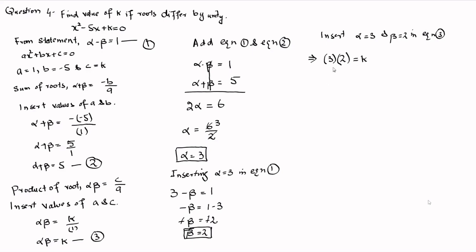So 3 multiplied with 2 is 6. Rearrange the equation. So we can write that k is equal to 6. So the required value of k is 6.